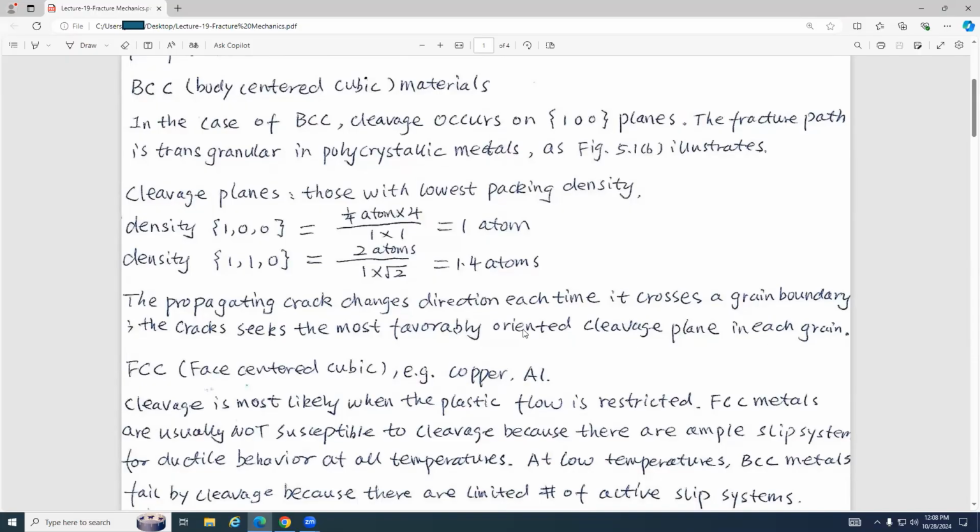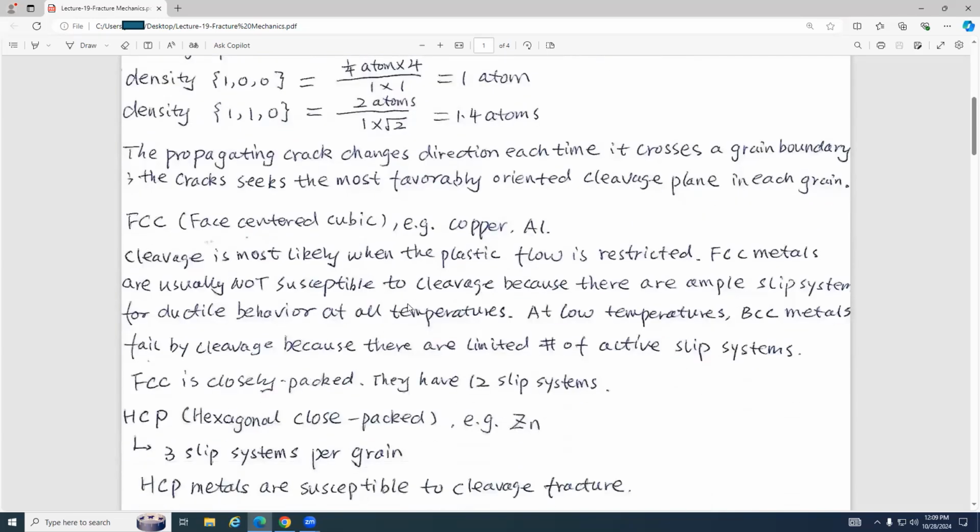This is understandable: the crack always goes to the most vulnerable planes, because it can use small energy to facilitate the crack propagation. So this is BCC. Cleavage is most likely when the plastic flow is restricted. If the plastic flow is restricted, we have cleavage.